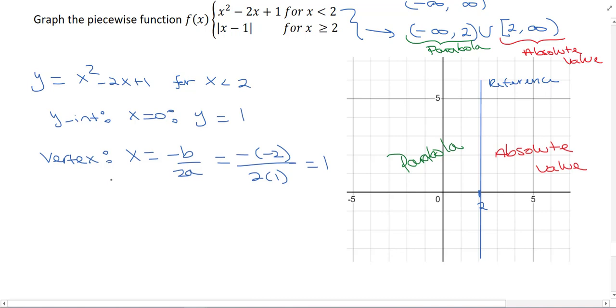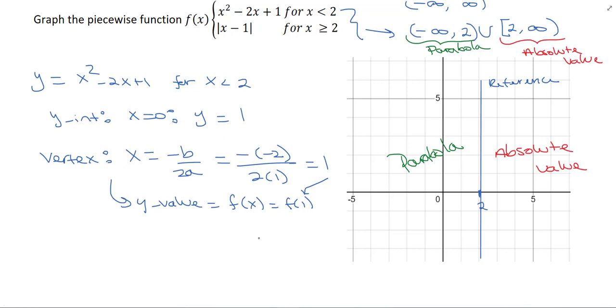What is the y value? It's going to be your f of x, in this case f of 1 for the vertex. So plug in 1 into your function: f of 1 will be 1 minus 2 times 1 plus 1, so essentially 2 minus 2, which is 0.